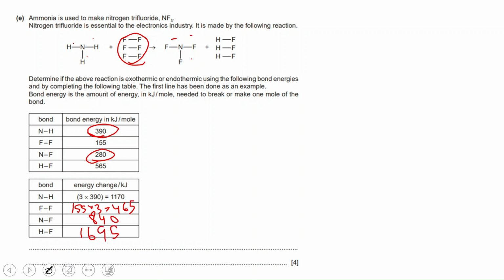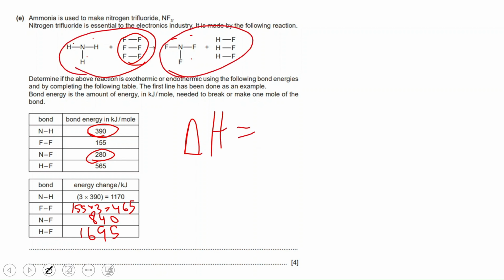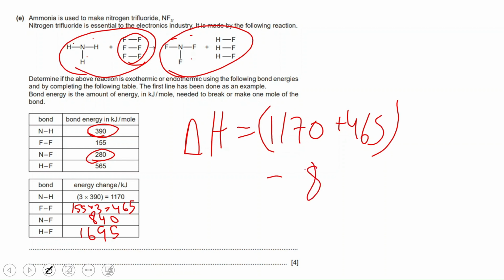So what we need to do is find out delta H. And what is delta H going to be? Of the reactants minus the products. So the reactants is 3 NH and 3 FF. Is going to be 1170 plus 465 minus the 3 NF bonds, which is going to be 840, plus HF, which is going to be 1695.